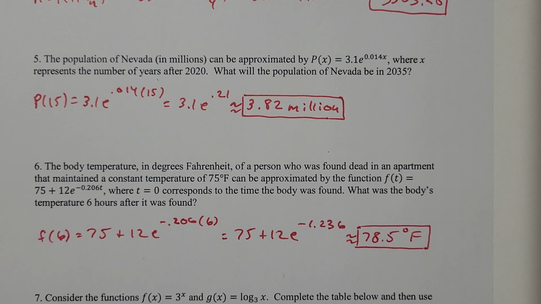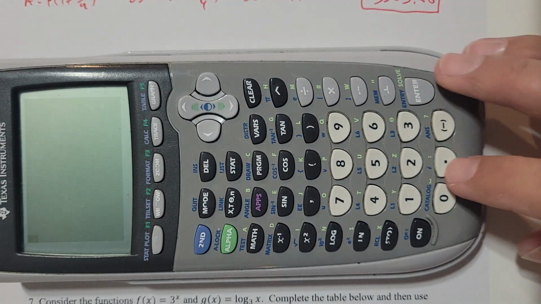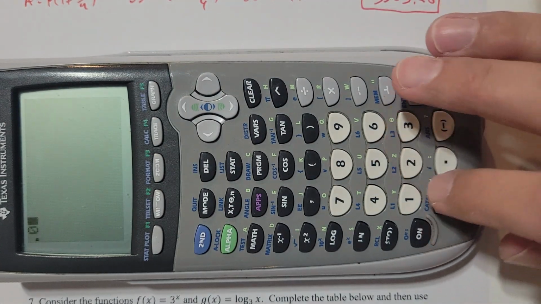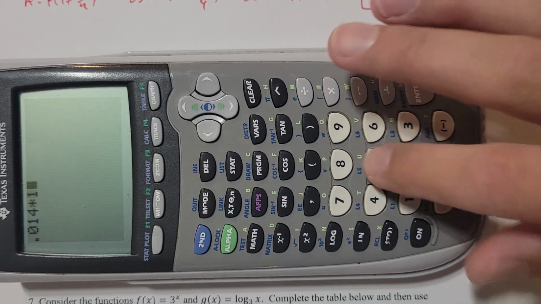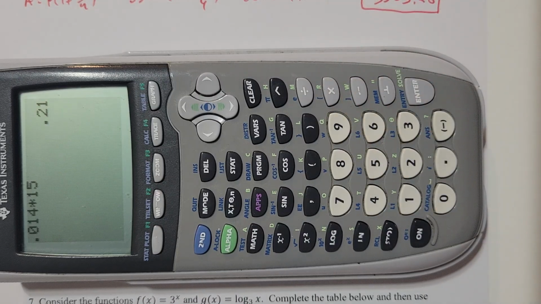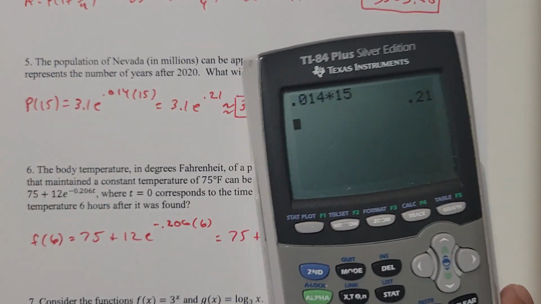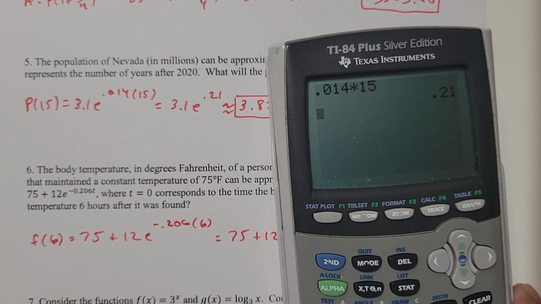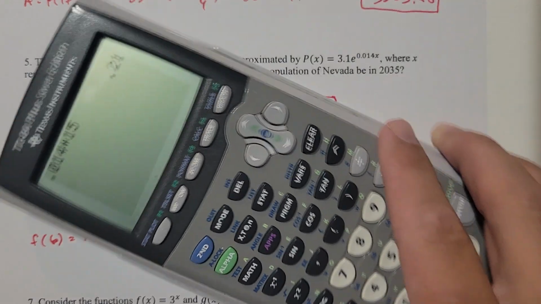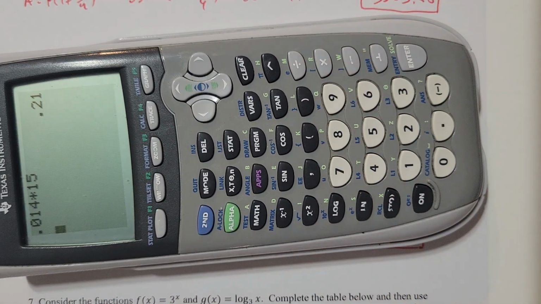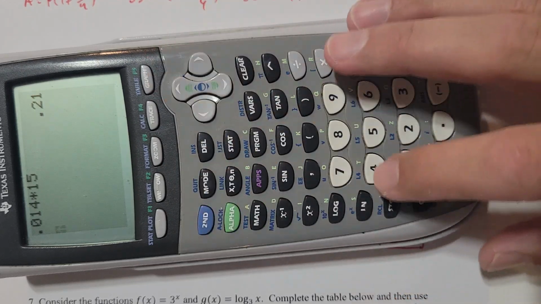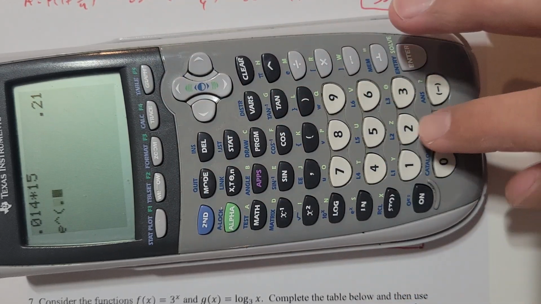In the power, if I type in 0.014 times 15, I'm getting 0.21. So then type in e to the power 0.21.